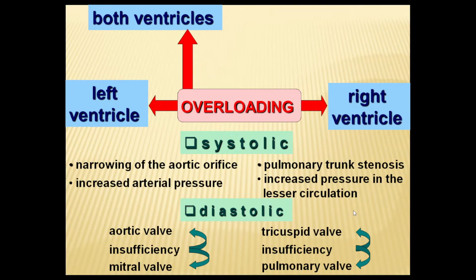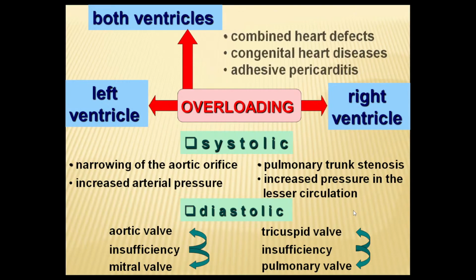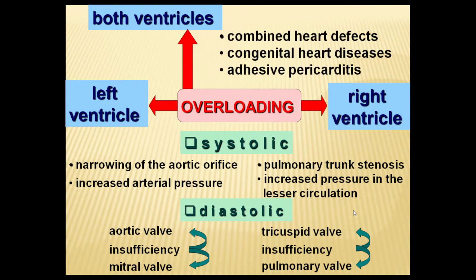A primary left ventricular problem finishes with both left and right involvement, and the process can start from the right ventricle, but after some time it may also be combined. Both ventricles are involved in the pathological process in combined heart defect.